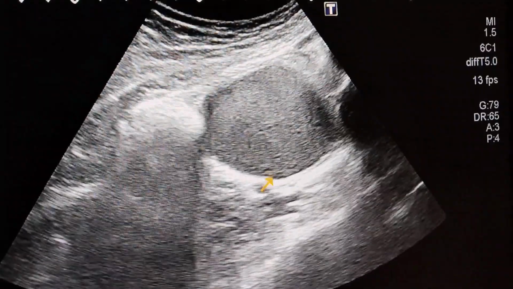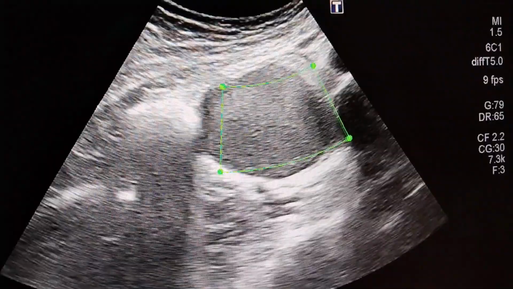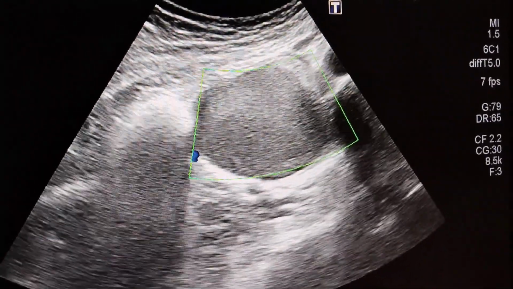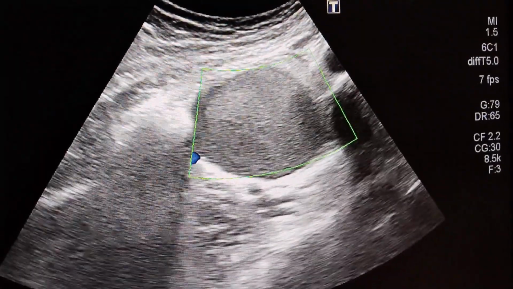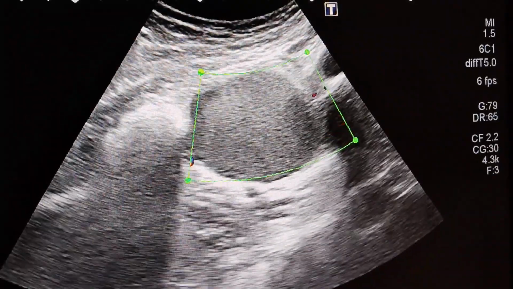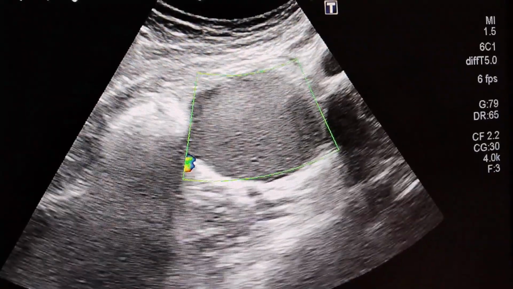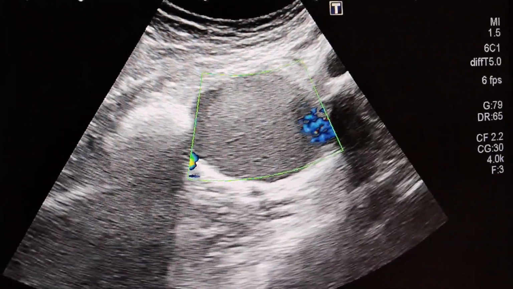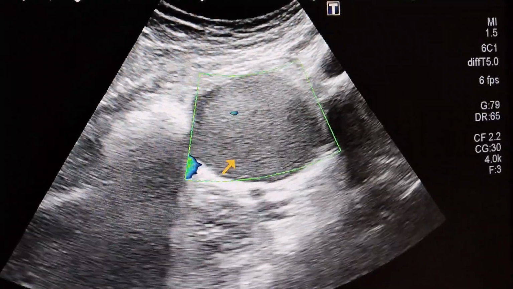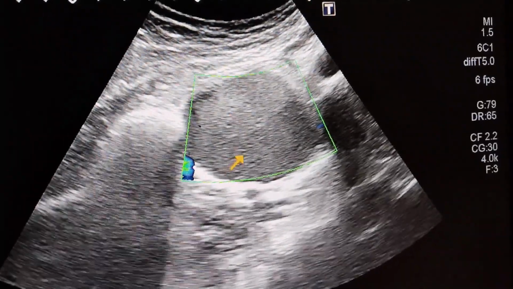How can we appreciate this? We put the color and then set the PRF to low level so that we can appreciate the low velocity blood flow, and then increase the color gain. Here we can appreciate that there is no vascularity within this cystic lesion. Any lesion which has a solid component or is solid always has vascularity.